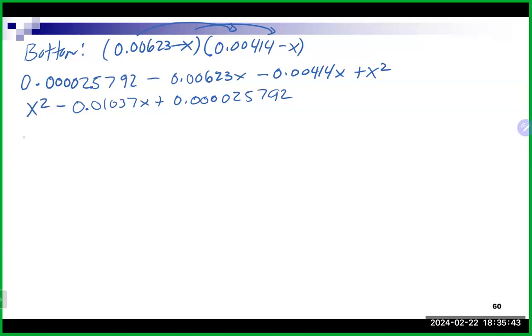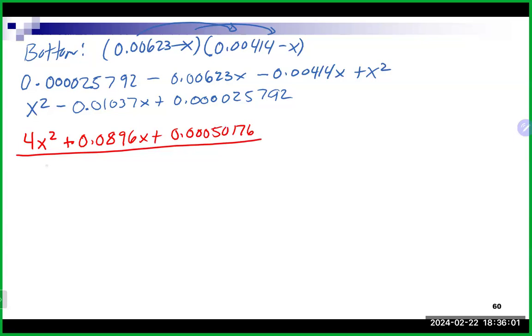So again, for the top equation, we ended up with this on the previous slide, 4x squared plus 0.0896x plus 0.00050176, divided by what we got up there, x squared minus 0.01037x plus 0.000025792, and that's going to equal our K value of 54.3. So again, that's just the middle work there of all the factoring, so you can see it. Any questions on any of that?